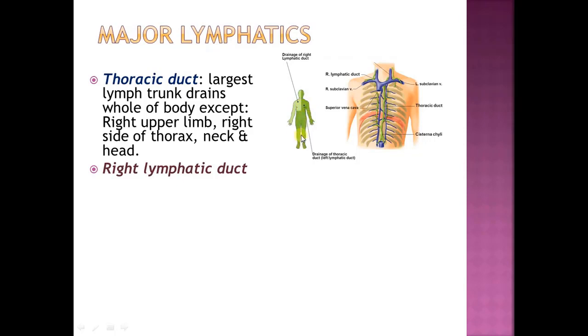So the areas of drainage include both the lower limbs, your abdomen, that is your body wall below the level of diaphragm, your left half of thorax, left upper limb, left half of your head and neck. So that means these are the areas drained by the thoracic duct, or putting it in other words, you can tell it drains the whole of the body except the right upper limb, right half of your thorax, right half of your head and neck.